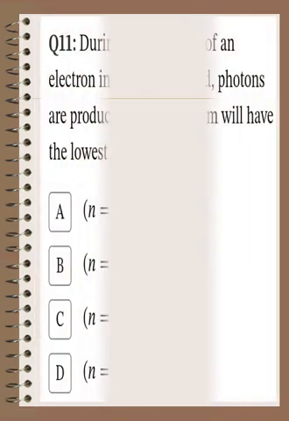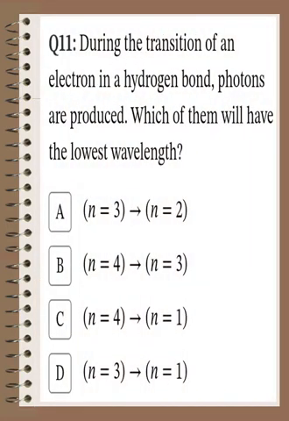Question number 11 here we have. During the transition of an electron in a hydrogen atom, photons are produced. Which of them will have the lowest wavelength? If we want to compare between the different answers here. Okay, here we have n, or the energy level, 3 to energy level number 2. It will not be right. Here we have from 4 to 3, maybe short wavelengths.